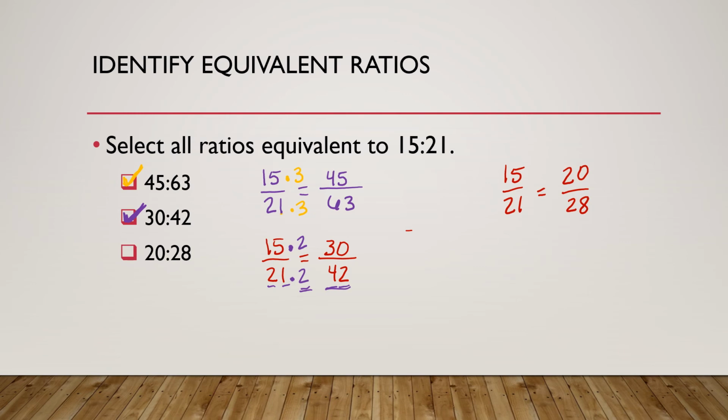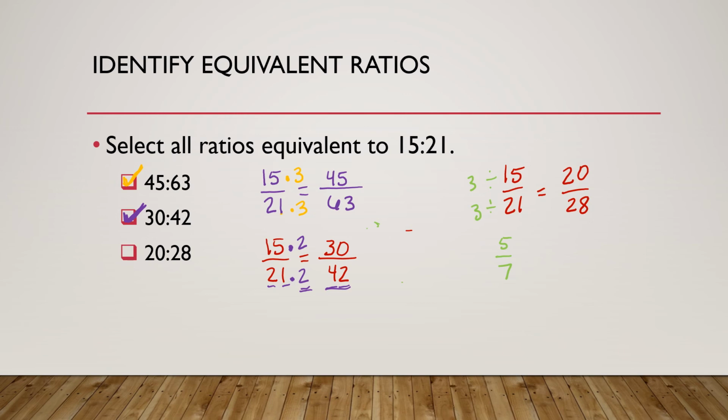That would be some good practice. How can we simplify 15 and 21? What number will go into both of those? Well, they're both divisible by 3. So 15 divided by 3 would give us 5, and 21 divided by 3 would give us 7.